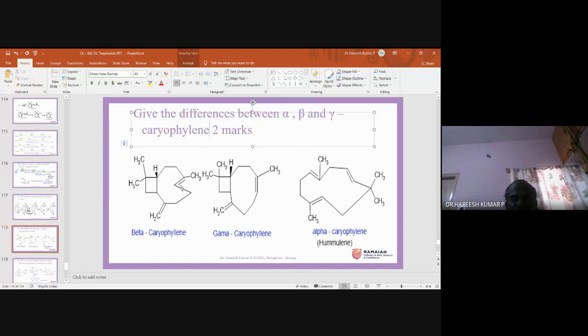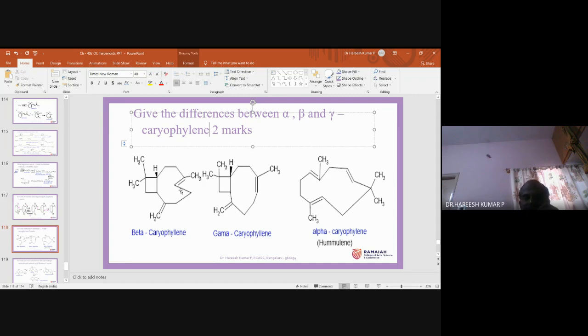Only this double bond exhibits geometrical isomerism, because the attached groups are different, but here the attached groups are the same. Here you can observe that this is the priority group, and this is the priority group. So the priority groups are on the same side, that is the reason it is the cis one. Gamma is the cis one, beta is the trans one. That is the difference you have to mention.